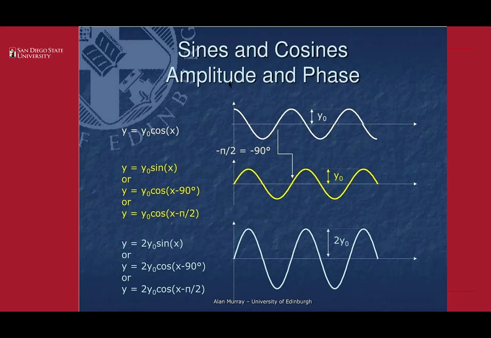So we already know very well that 90 degrees is pi over 2, so I will not be mentioning it again. But the important part here is we changed the amplitude part of the equation from y0 to 2 times y0. So we have doubled the amplitude, and it is observable in the chart if you look at the y-axis.